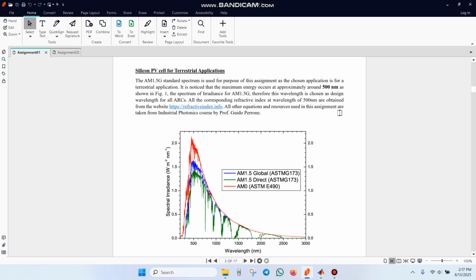The design wavelength that we have chosen is around 500 nanometers, so all the designs we consider in this analysis would be for 500 nanometers and AM 1.5G.